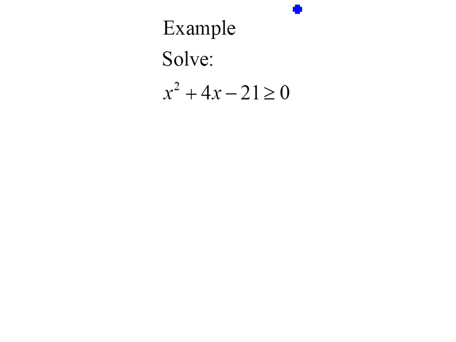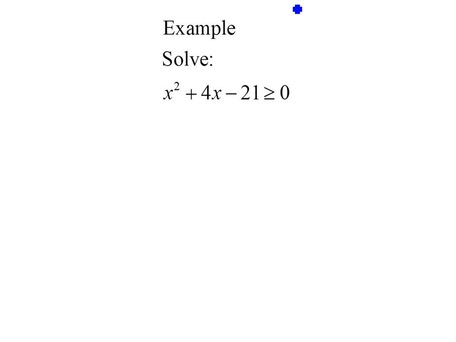So we're going to have -10 squared plus 4 times -10 minus 21 greater than or equal to 0. So we're going to have 100 minus 40 minus 21. The fact that you're going to have a positive number tells me that's true. 39 greater than or equal to 0.